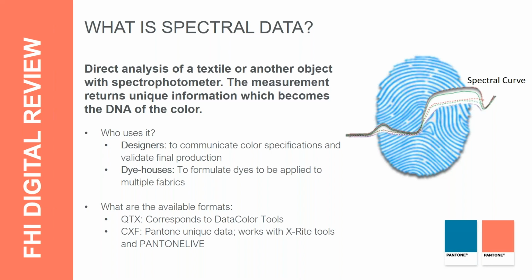And so the spectral data that comes with these smart swatches is available in two formats: the QTX, which corresponds to the Datacolor tools, also into X-Rite software, but also the unique CXF, which is Pantone data, and also works with X-Rite tools and Pantone Live and a wide variety of other digital tools.